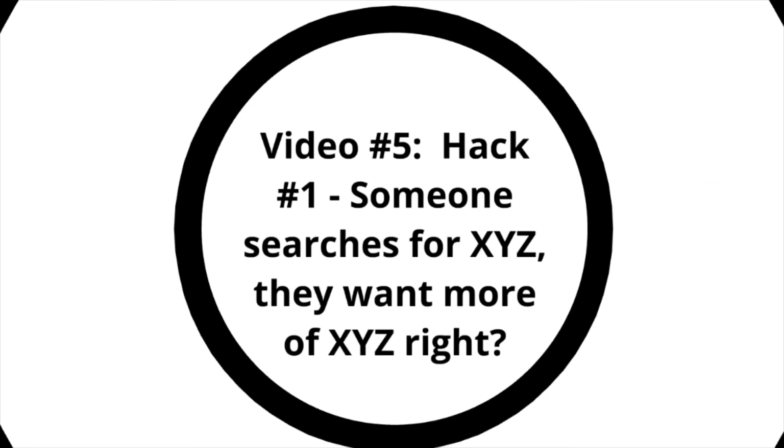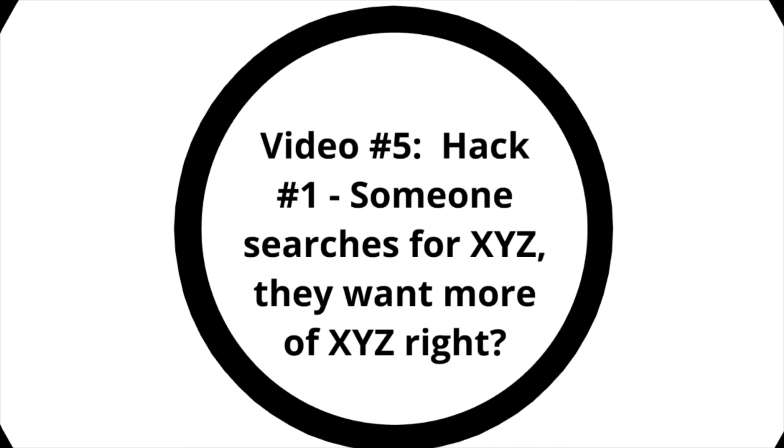Video number 5 is when we start to talk about the hacks. So videos 5, 6, and 7 will be hacks 1, 2, and 3. Hack number 1 is all about this. When somebody comes to your website after they look at the speed and everything is fast loading, they think, okay, I'm searching for something specific.